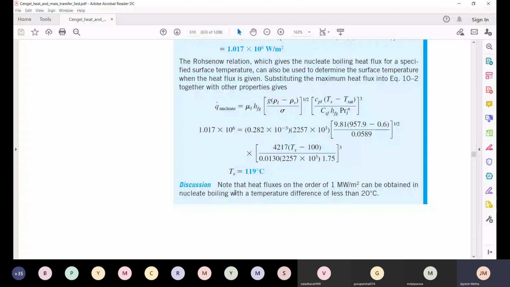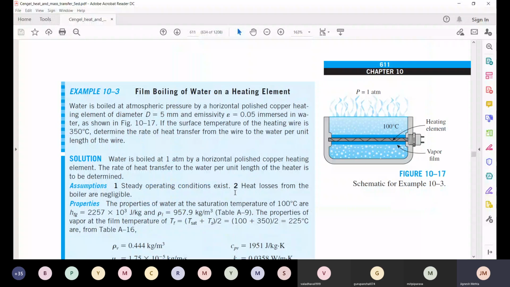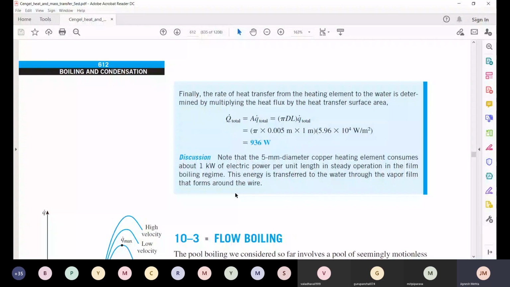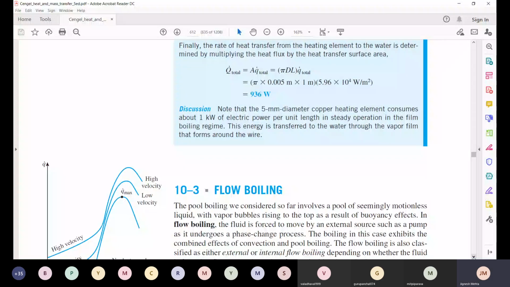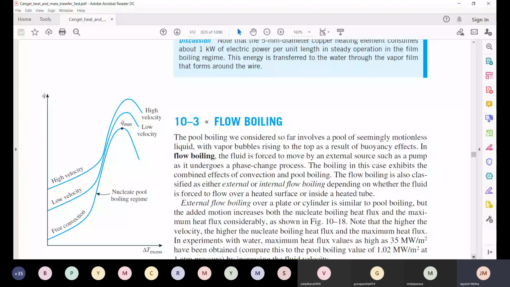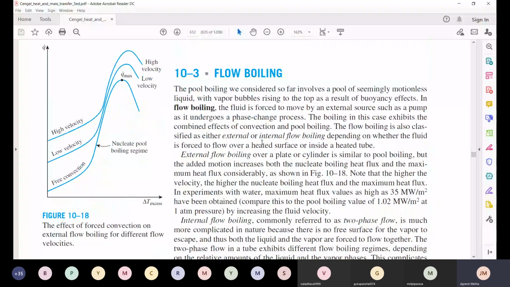Now there is another type of boiling which one may come across in engineering systems, and that is flow boiling. So here there is a flow of liquid while boiling is occurring.